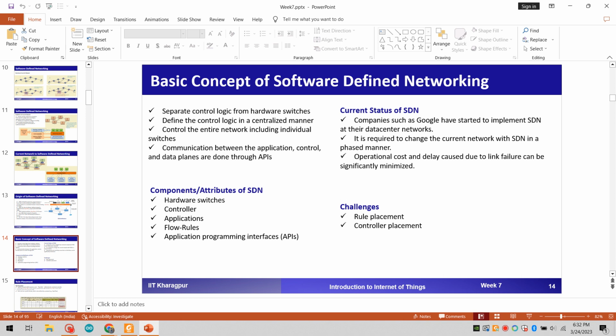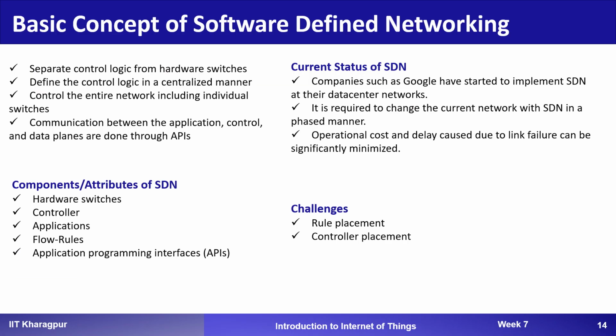Now the hardware switches are placed in the data plane, which is going to forward the data from the sender to the receiver. The controller is the operating system which is going to control the different hardware that is forwarding the data, and the applications are the different applications that are using those switches and controller.